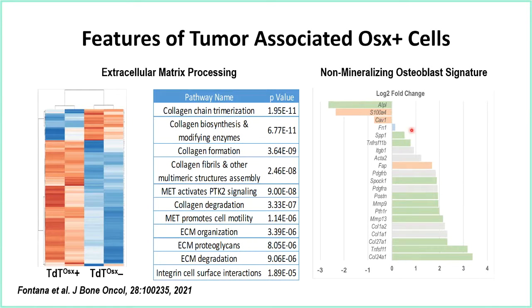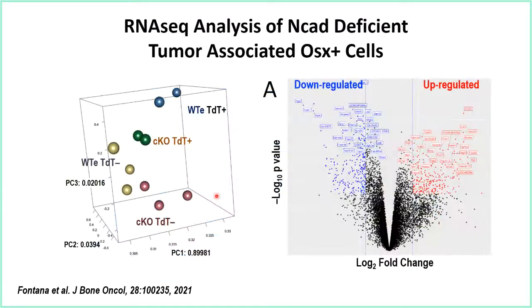They express less of the markers that are used to isolate cancer-associated fibroblasts. So they have some overlapping features, but clearly these are probably a different population in the stromal component than the classic CAFs.